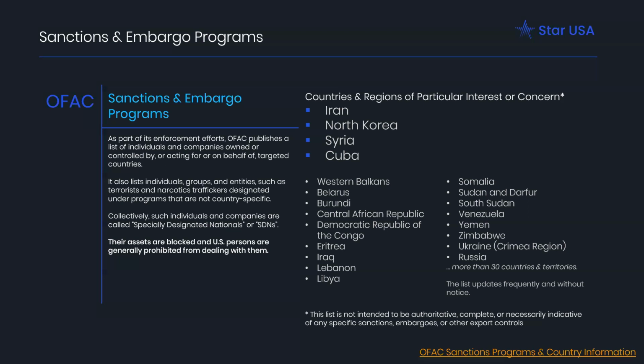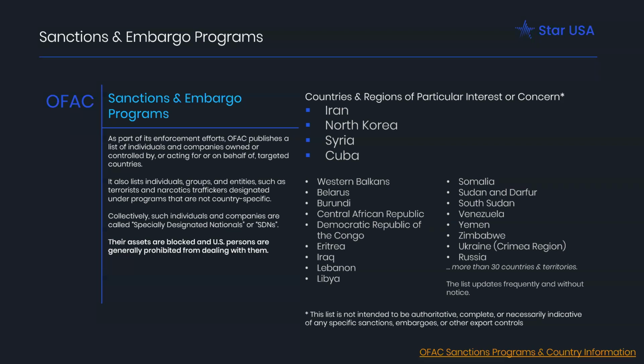As part of its enforcement efforts, OFAC publishes a list of individuals and companies that are owned or controlled by or acting for or on behalf of targeted countries. This is one of the key components of that restricted party screening activity. Their assets are blocked, and US persons are generally prohibited from dealing with those parties that are published on the specially designated nationals list.